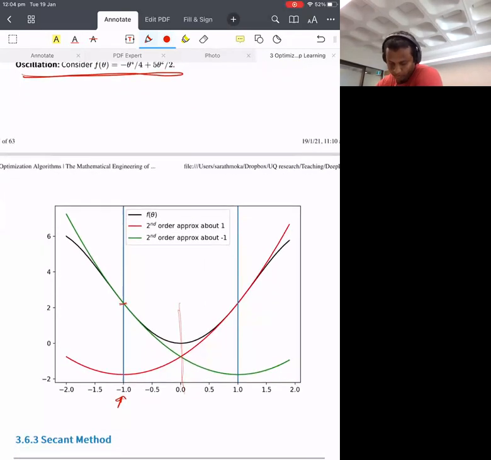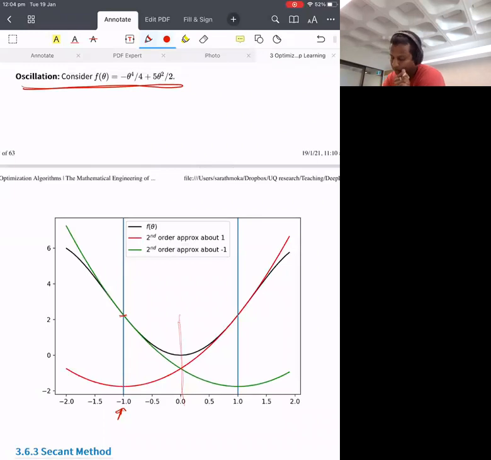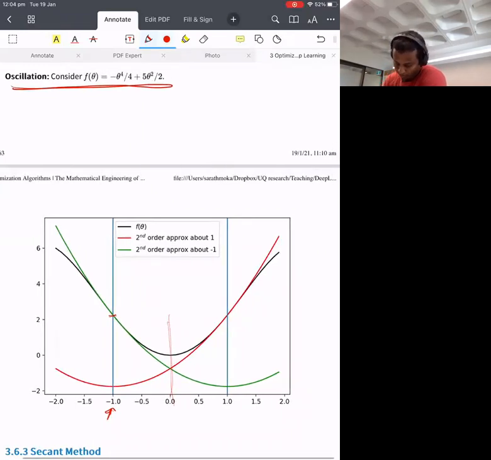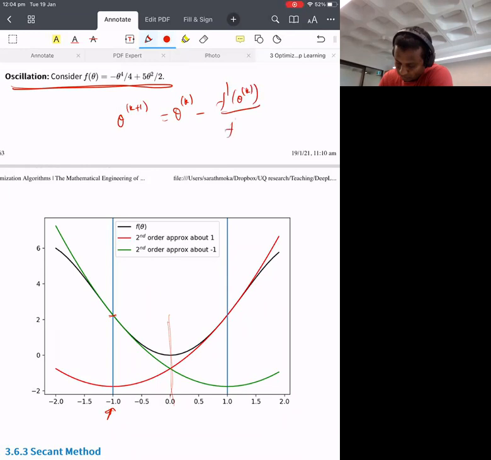I thought of making you do this exercise, but I think you can do it quickly. Remember this is the update: theta k plus 1 equals theta k minus f prime of theta k over f double prime of theta k.